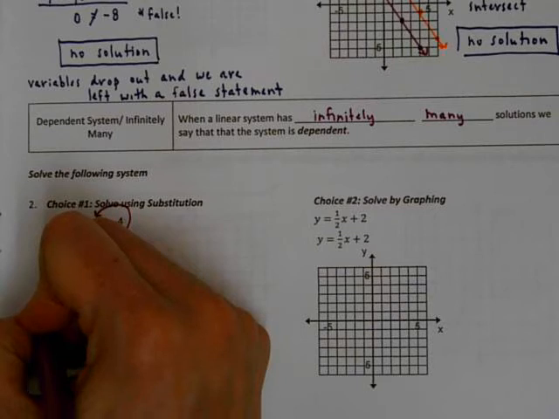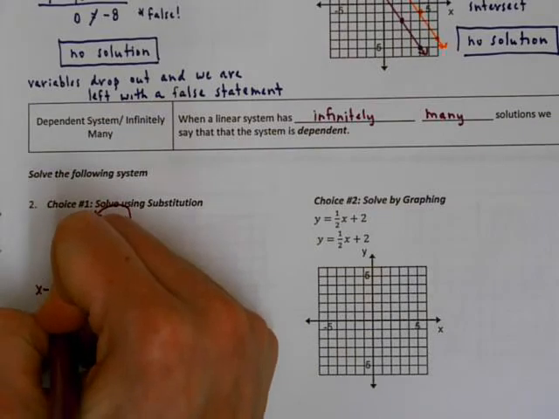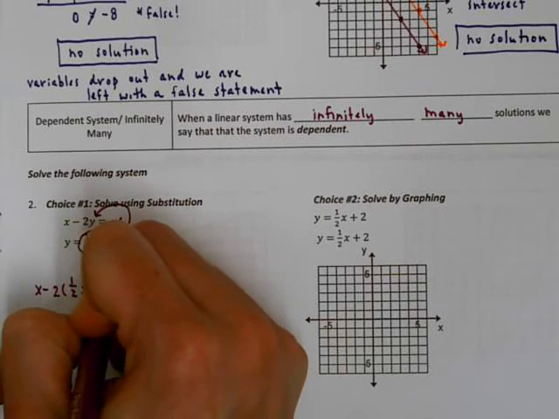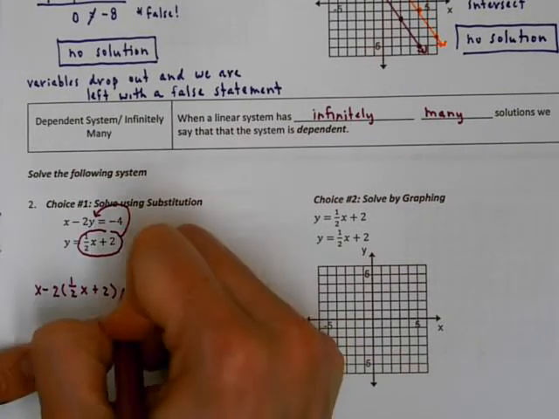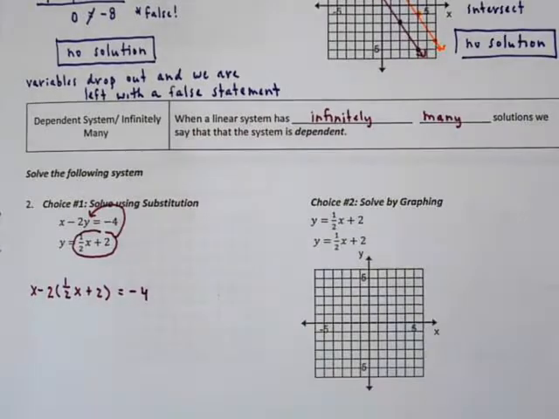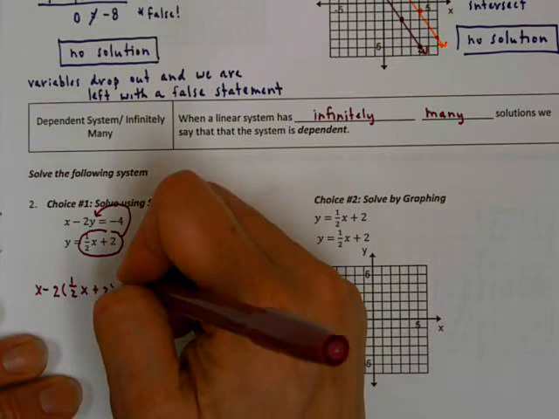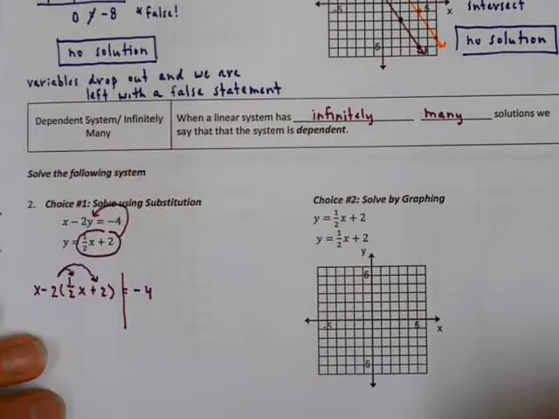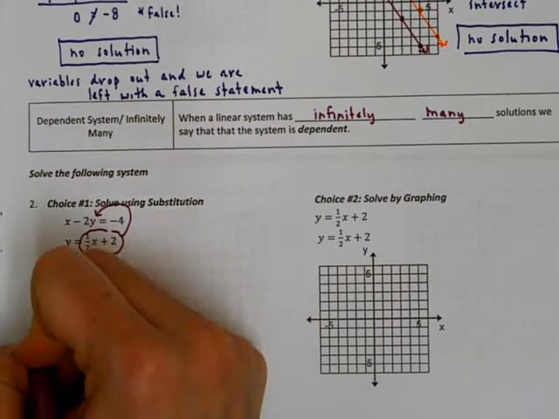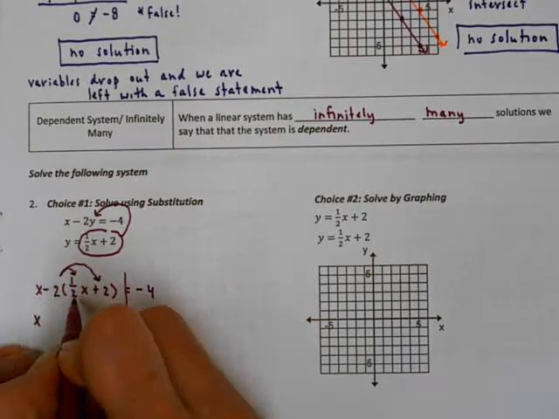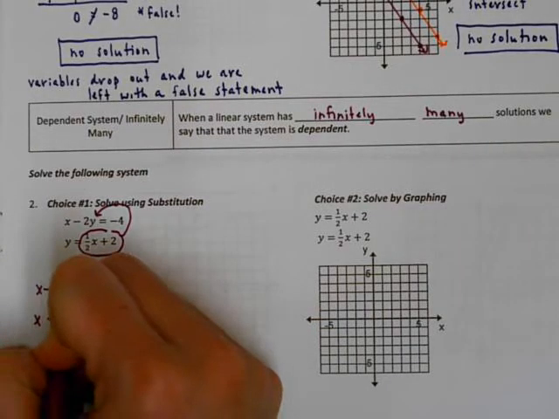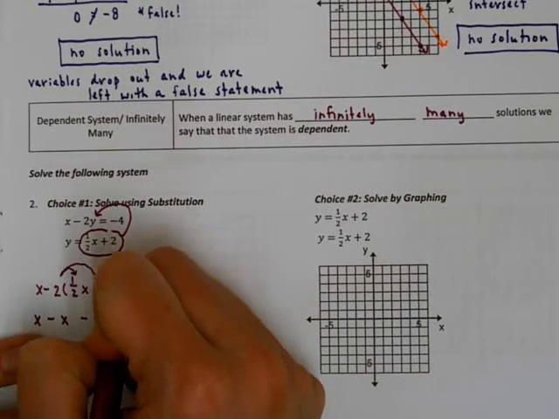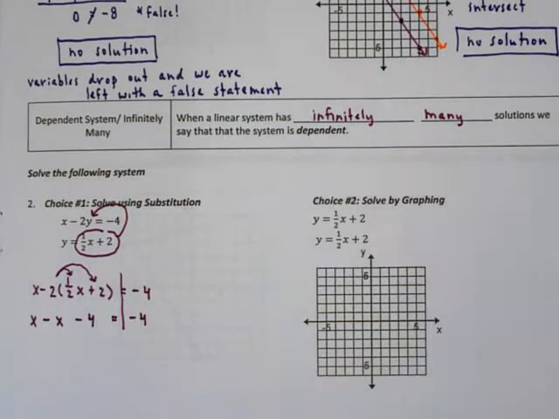So now I have x minus 2 times, well, this is 1/2 x plus 2, and then I get equals -4. So let's go ahead and do what we need to do to solve this. So I'm going to distribute my -2, and I'm going to get x, let's see, -2 times 1/2 is -1, so minus x. -2 times a positive 2 is a -4, and that's equal to -4.